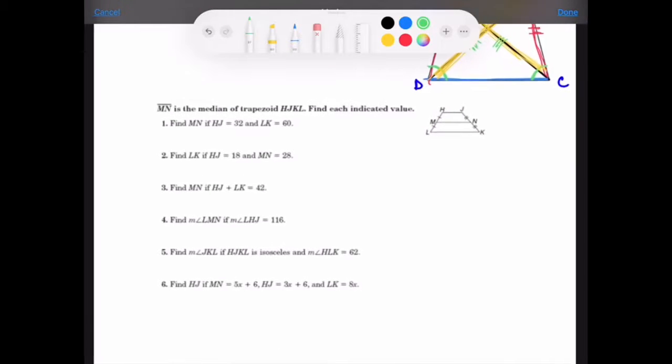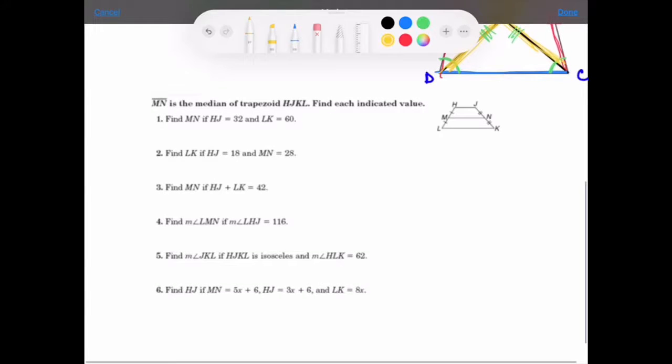So this tells us that MN is the median of trapezoid HJKL, and we have to find each indicated value. So find MN if HJ is equal to 32. So that's what we have here. HJ is 32.